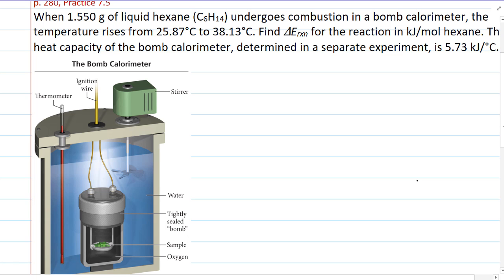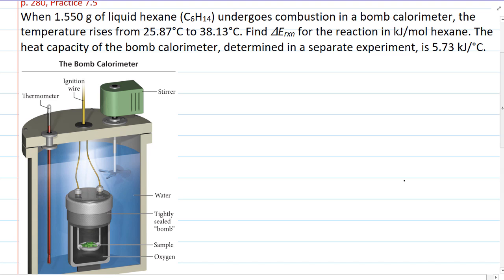We'd like to find the total internal energy change for the reaction in kilojoules per mole of hexane. The heat capacity of the bomb calorimeter, determined in a separate experiment, is 5.73 kilojoules per degree Celsius.